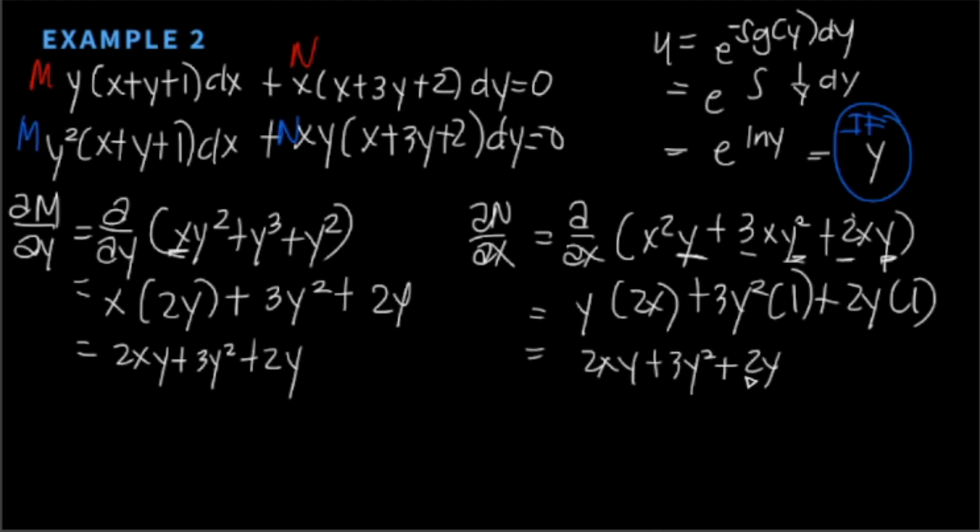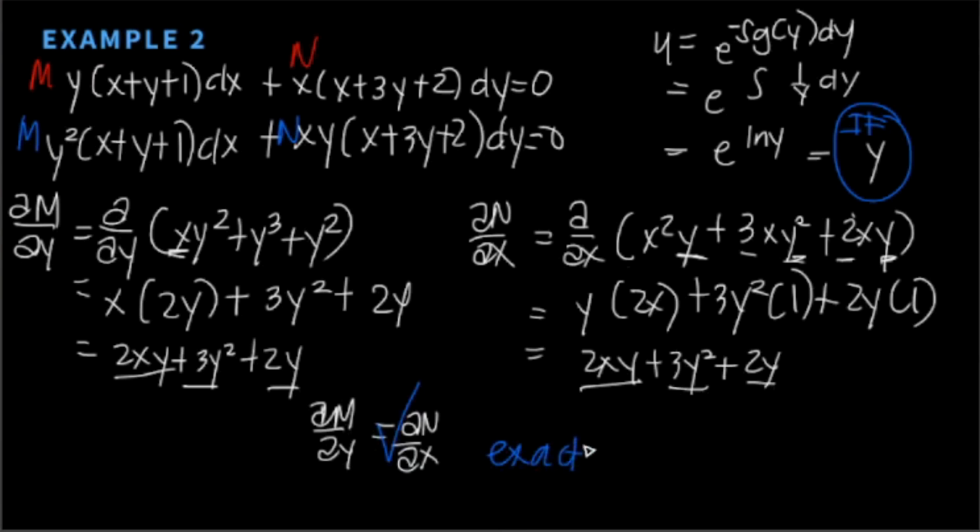So, ngayon is, check natin kung equal ba yung dM over dy natin sa dN over dx. So, 2xy, 3y squared, 2y, 2y. So, therefore, this equation is exact.